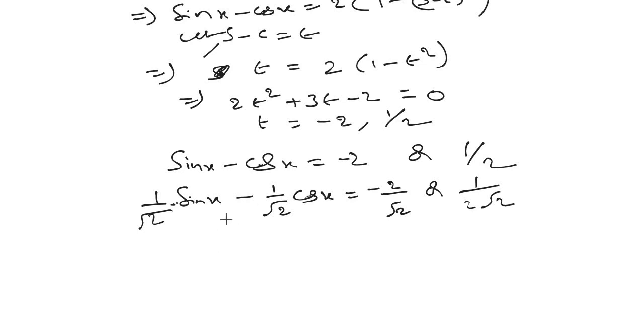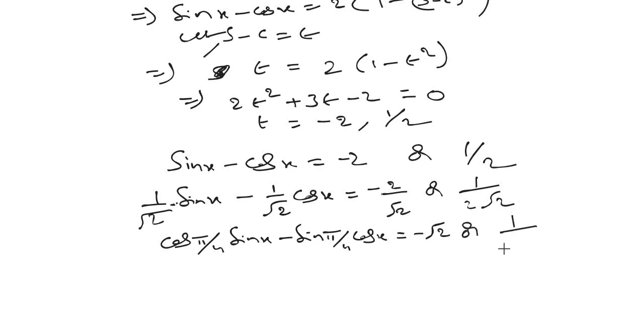I have divided by root 2 on both sides. Then clearly this is cos pi by 4 sin x minus sin pi by 4 cos x equals, here you can cancel, negative root 2 or 1 divided by 2 root 2.